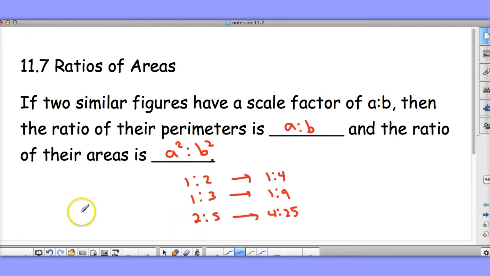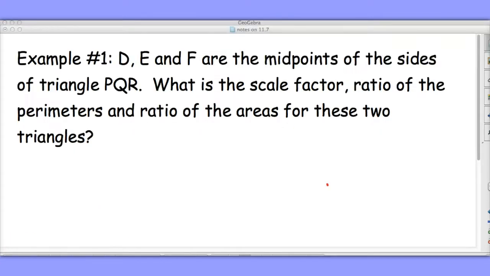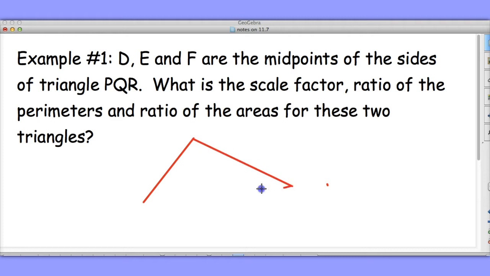Let's take a look at the next problem. For this example, it says that D, E, and F are the midpoints of the sides of triangle PQR. So let's create a triangle here. And it says D, E, and F are the midpoints of the sides of this triangle.